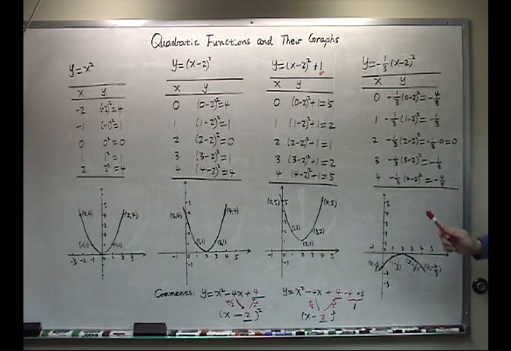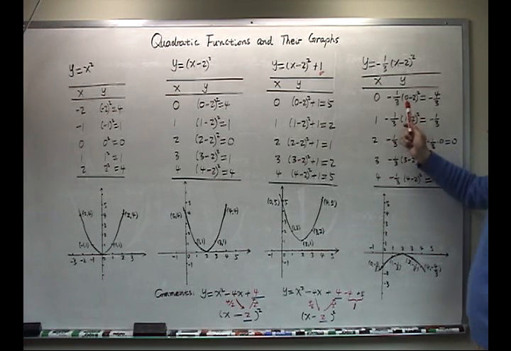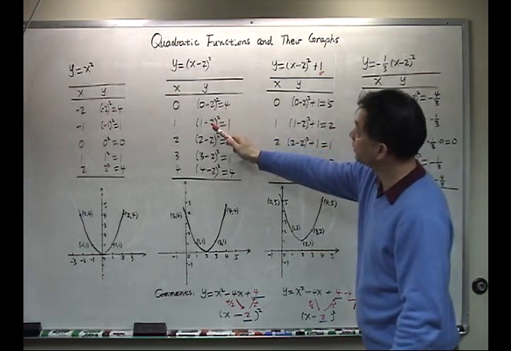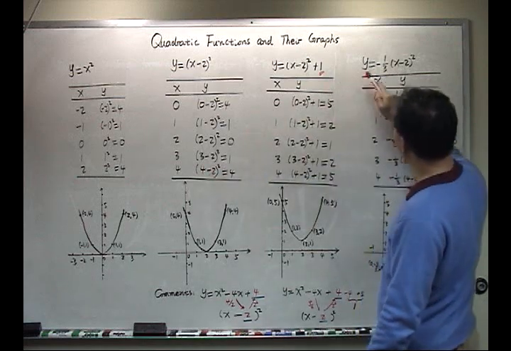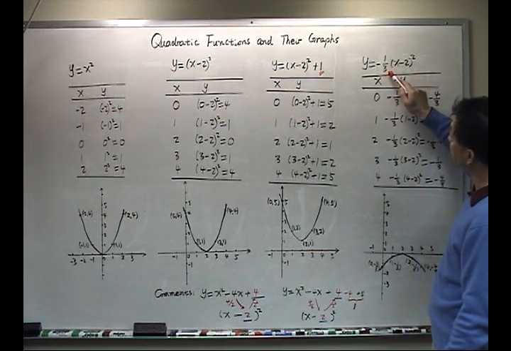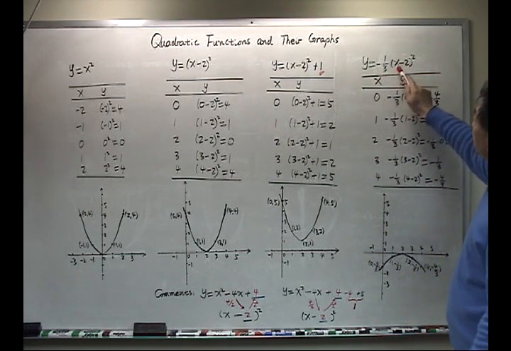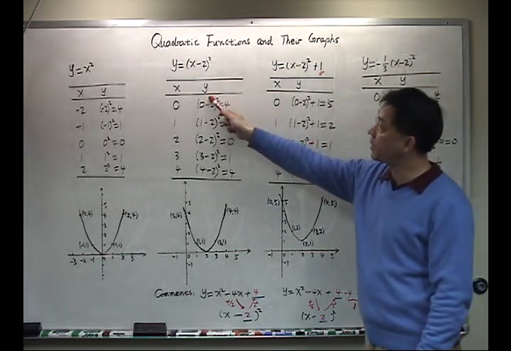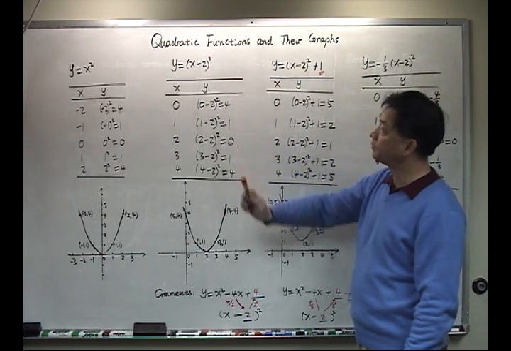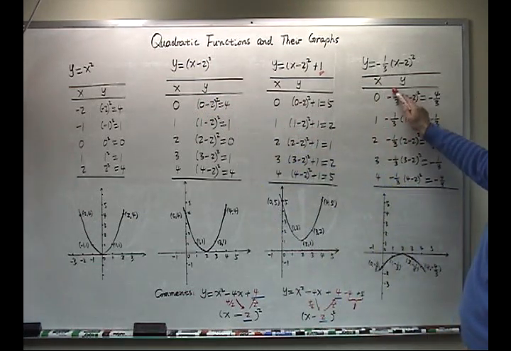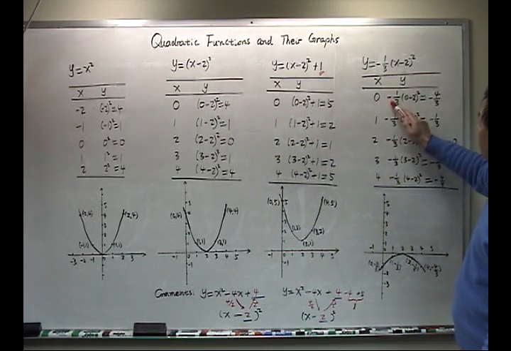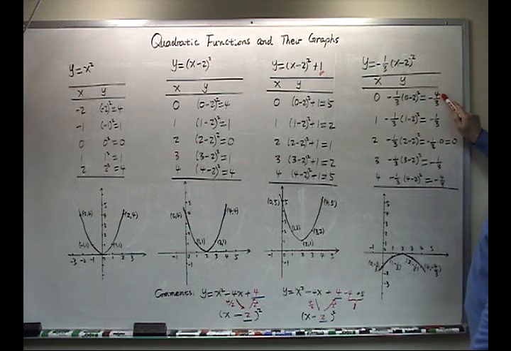So, now every value right here has to be divided by negative 3. Okay? You plug in 0 here, you have the parentheses, that's 4. So divided by negative 3, we have negative 4 over 3.